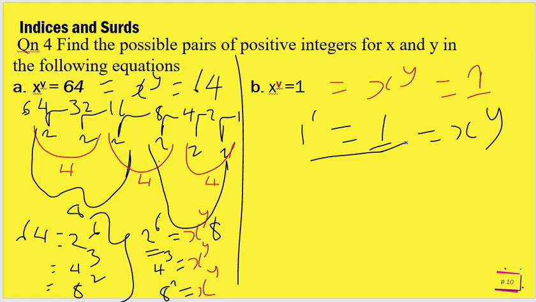The next category is whereby we have any number x raised to 0, then this one will be equal to 1. And therefore, here we have a lot of sets of numbers, because any number raised to 0 is just equal to 1. So raise any number to 0, then you get 1.